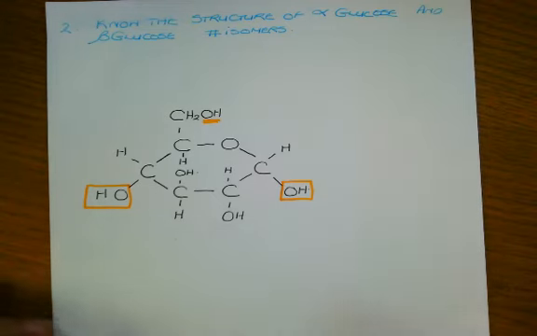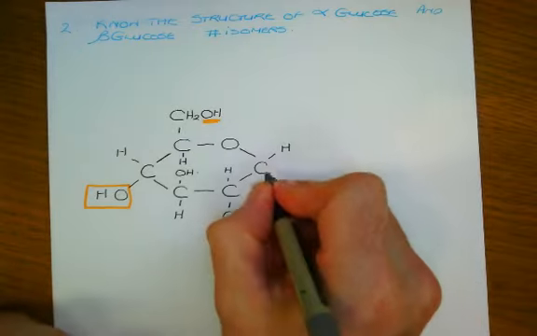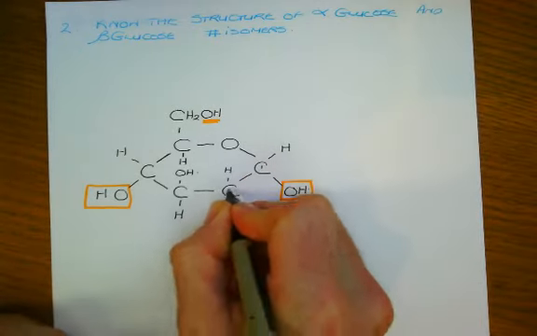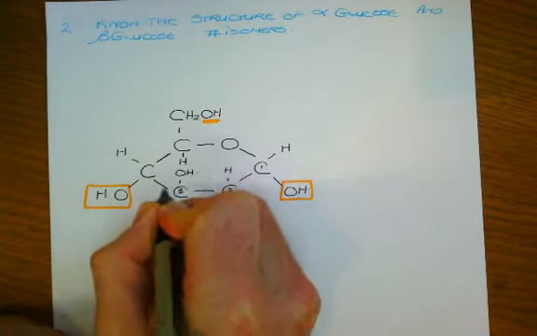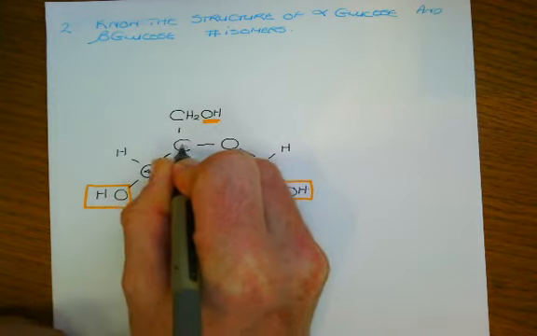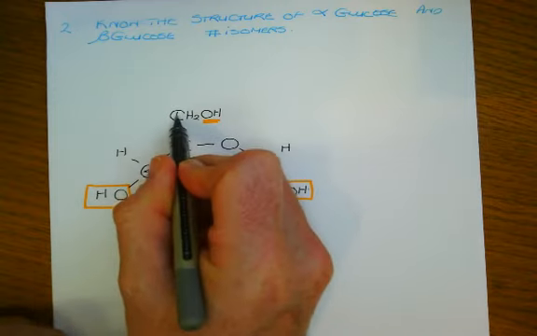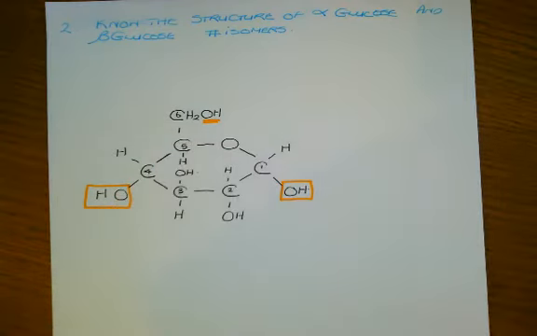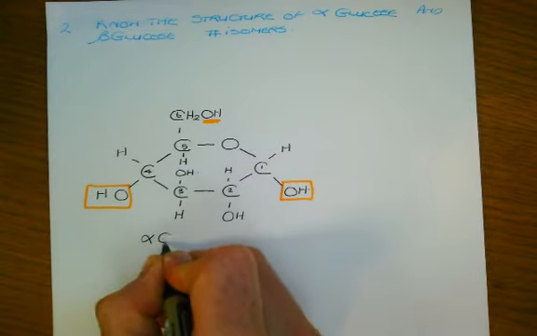Now it's important at this stage you know the carbons and how they're numbered. So this is carbon 1, 2, 3, 4, 5, and 6. We'll come back to that a little bit later. But again, this is alpha glucose.